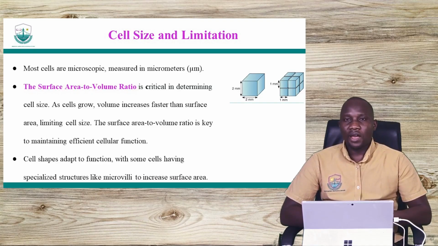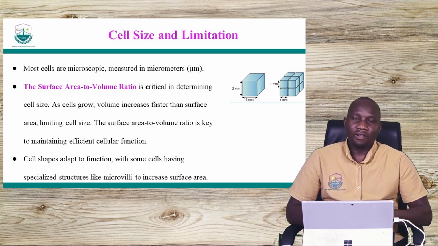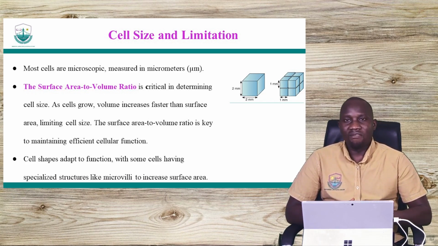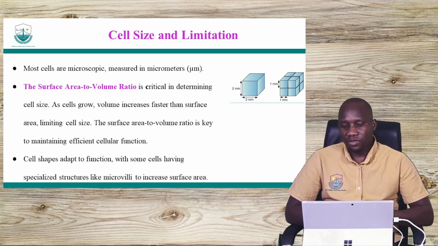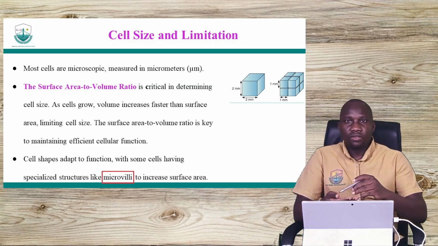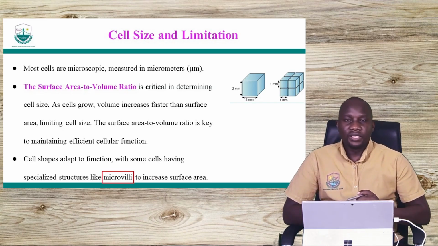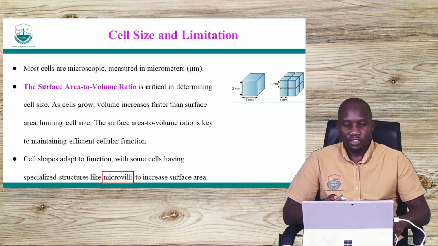But we also have cells that, apart from being small, have the adaptation of having extensions. So, for example, cells that line the GIT have what we call the microvilli. These projections increase the surface area, and therefore absorption is much more efficient there.